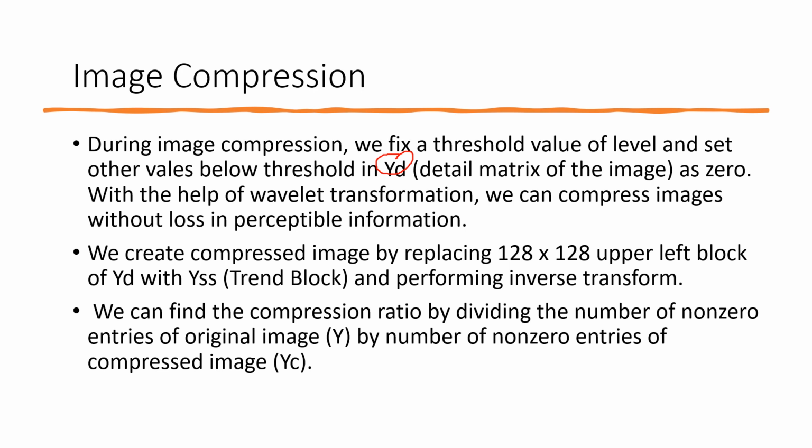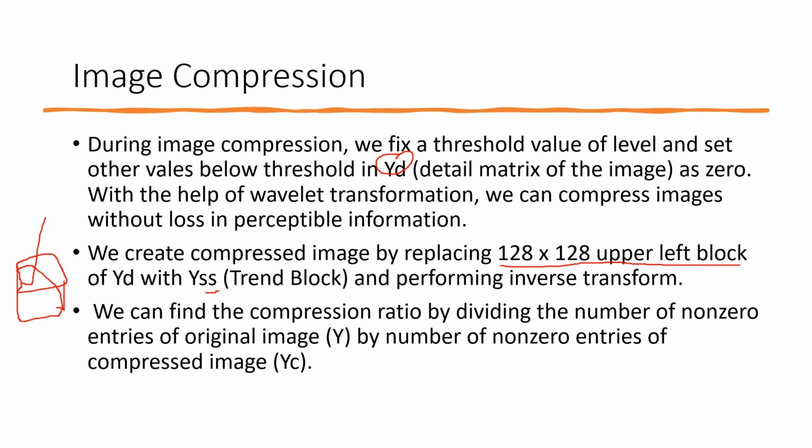By doing this, we'll be having fewer details in the image, and after that we are replacing the 128 by 128 upper left block, which is this block as we discussed earlier. This block, the upper left block, which we have equated earlier to 0, we are going to equate all the elements there to YSS.